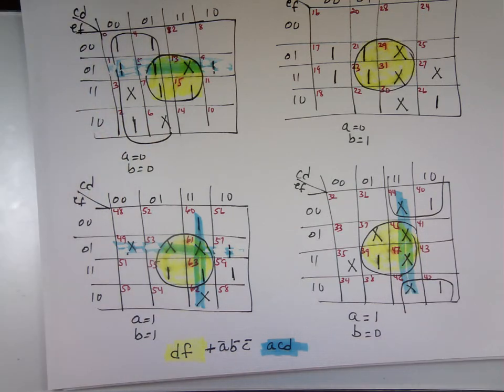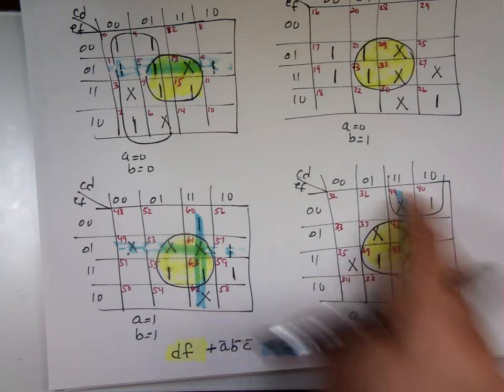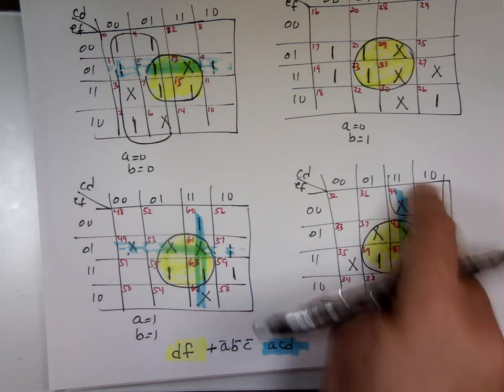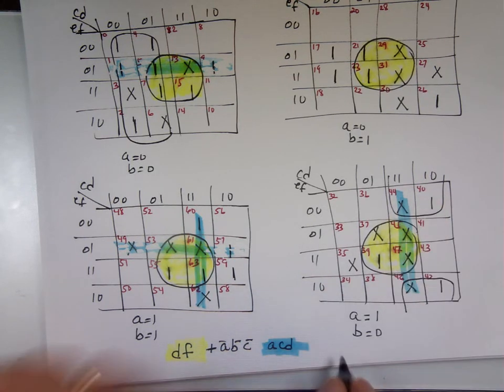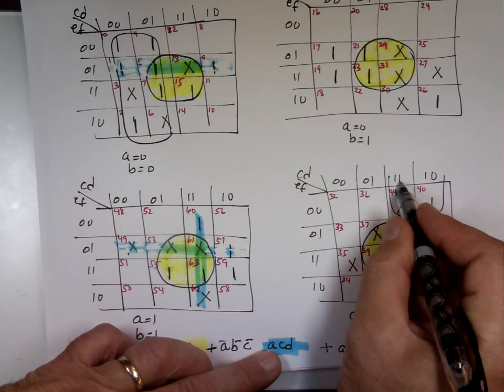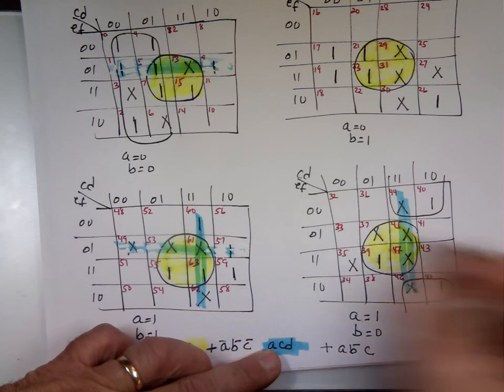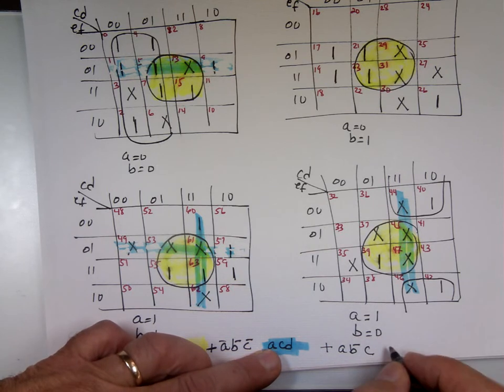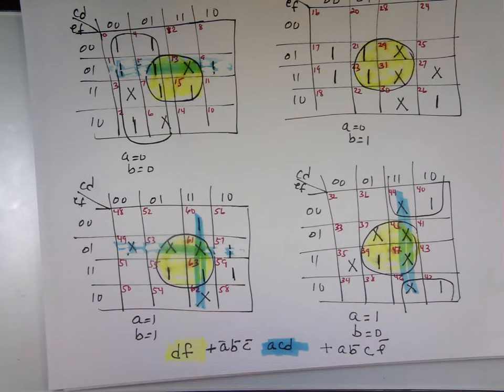So I can take these two, these four here, and that'll give me A, B bar. What do we have here? C, D is gone, E is gone, F bar. I see that 1 here. I'm out of luck. I can take him as a 4 here.